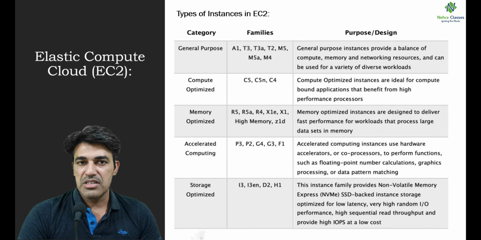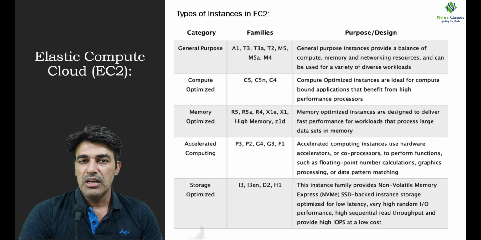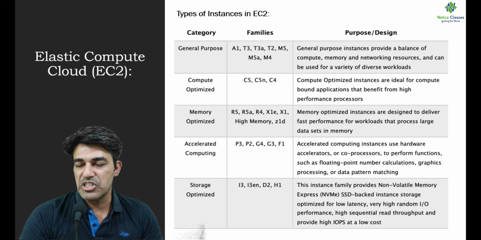Memory optimized instances are designed to deliver fast performance for workloads that process large data sets in memory. While accelerated computing instances use hardware accelerators or co-processors to perform functions such as floating point number calculations, graphics processing, or data pattern matching.